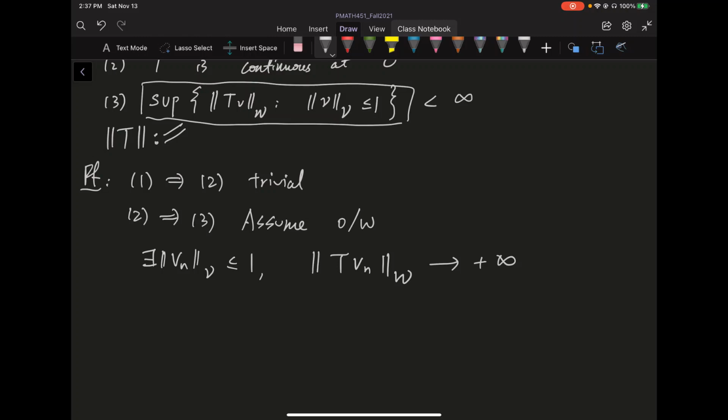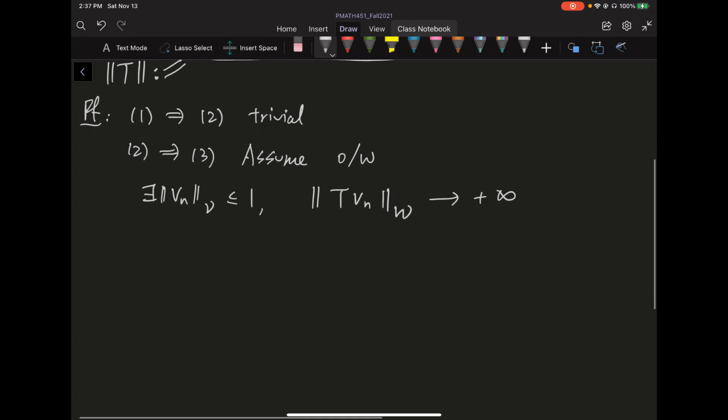Without loss of generality, let's assume v_n are non-zero, because if v_n is 0, a linear map will map 0 to 0. We can also assume, because they're diverging to infinity, that the norm of T of v_n is greater than or equal to n.